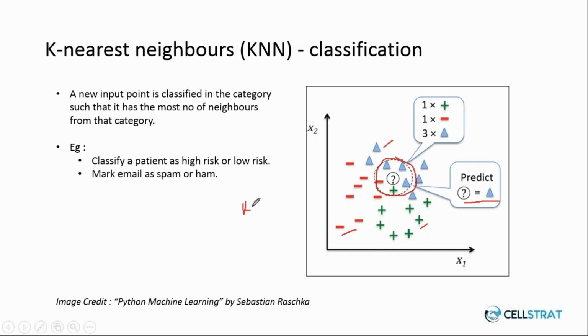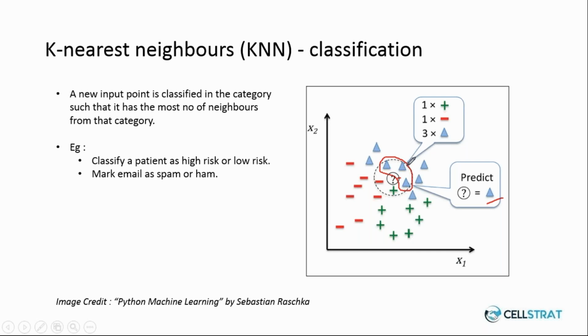K nearest neighbor has a letter k, and here I have chosen k equal to 5. So I am trying to find the 5 nearest points. It so happens that among the 5 nearest points, 3 of them are blue triangles, one is a red minus sign, and one is a green plus sign. So I simply classify this question mark, this new sample, as a blue triangle. Why? Because of majority vote.